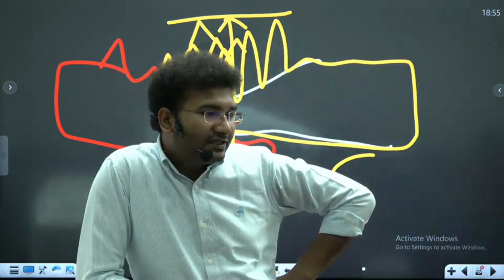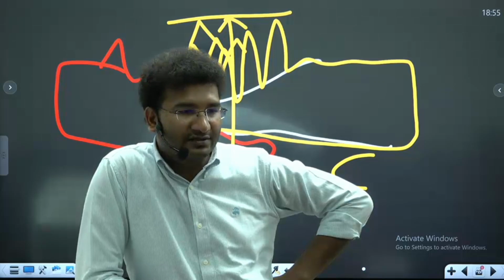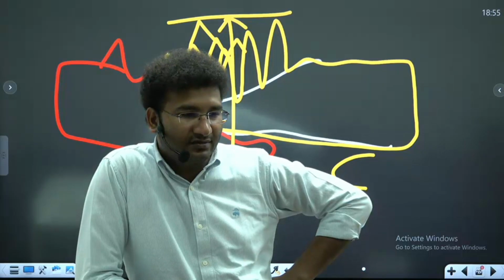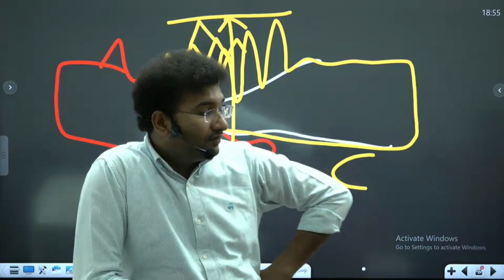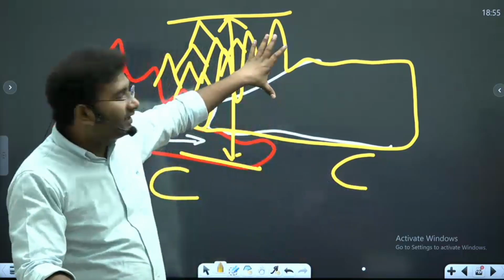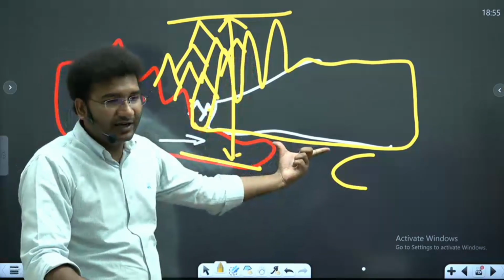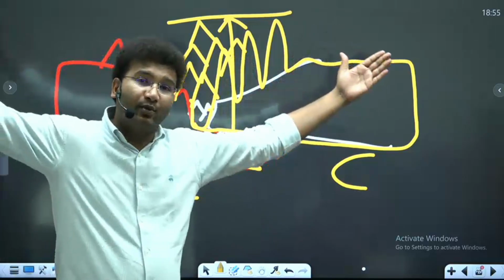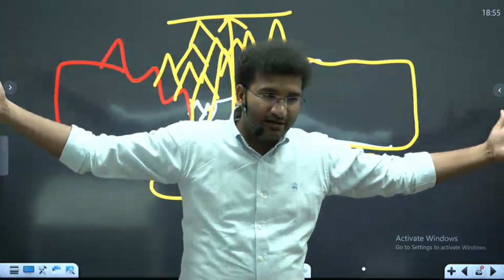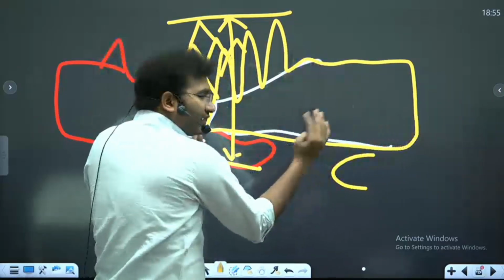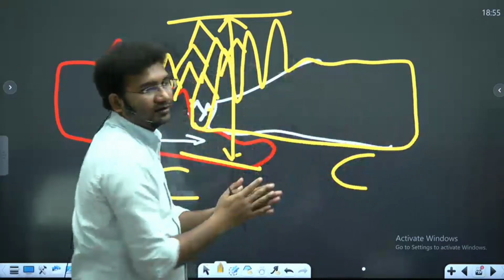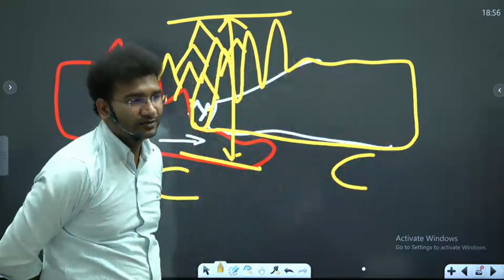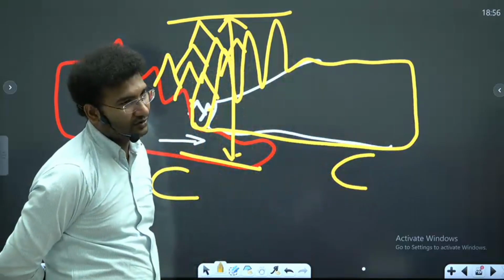Will its width increase or decrease? Width increases. Length of the plate decreases. Earlier the Indian plate size was very big, but gradually, due to crushing and pushing, the size of the Indian plate got reduced. Got it? This is what the continent case is.